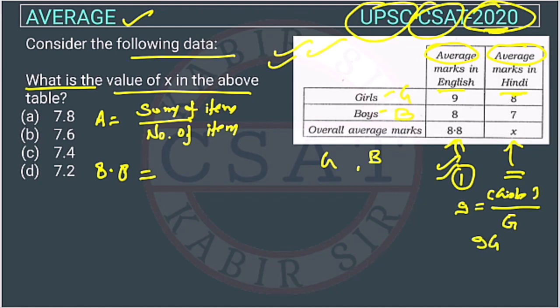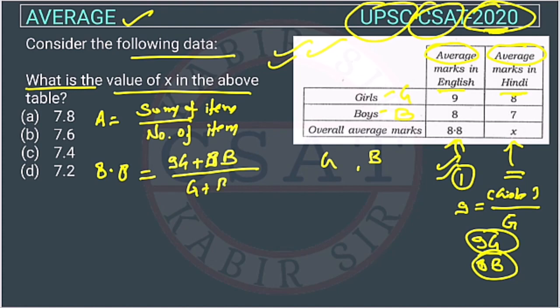Similarly, the sum of boys will be 8B, right? And here the sum of what? Sum of girls and boys. So the sum of girls is 9G and the sum of boys will be 8B, upon the number of girls G and the number of boys B. So these are the total number of students, right?